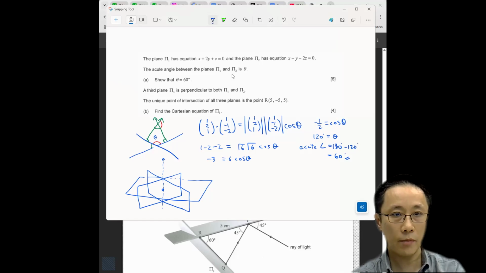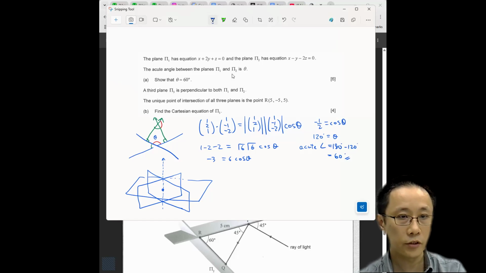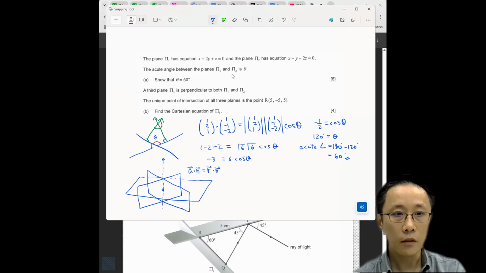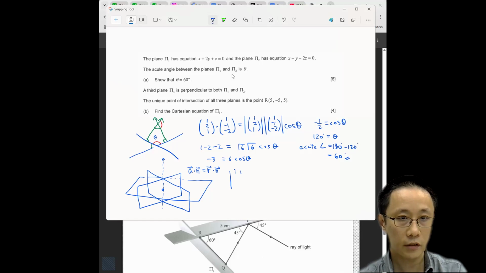And because we know a point that lies on the third plane, we can eventually use A dot n equals R dot n, which is in the formula book. We first need to find the n, and the n is going to be the cross product of the two normal vectors. And personally, I'd like to use the determinant approach.